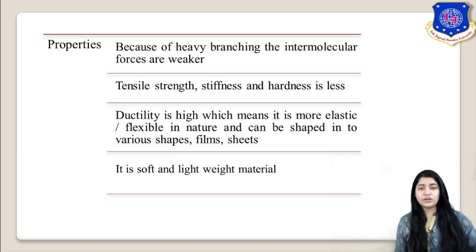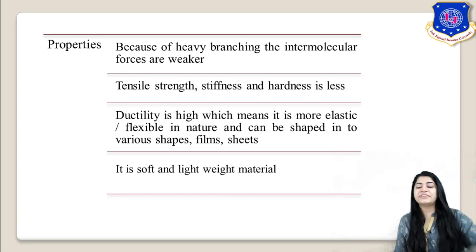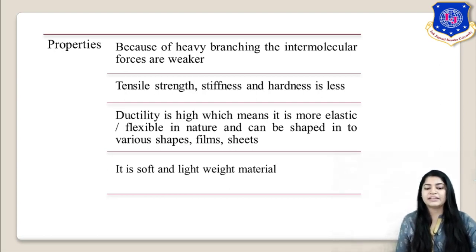The ductility of low density polythene is high, meaning it can be molded into many shapes. It is very flexible in nature, so you can stretch it into thin films and sheets. It is a very soft and lightweight material. So these are the properties of LDPE.